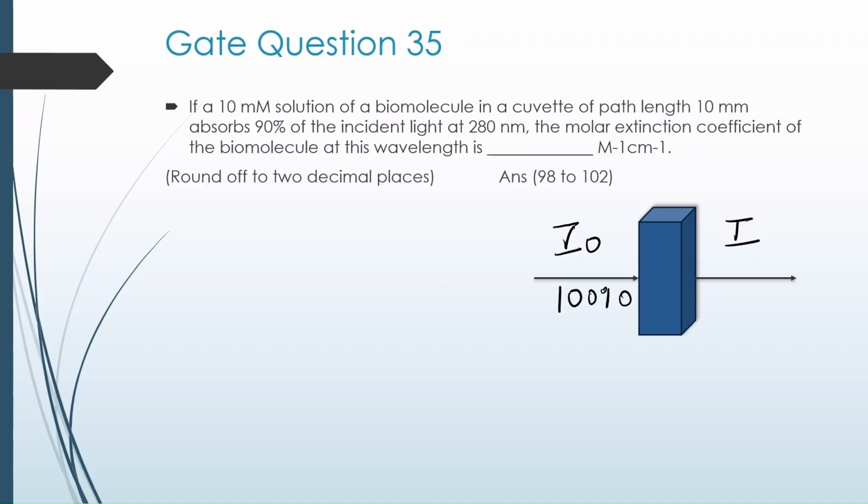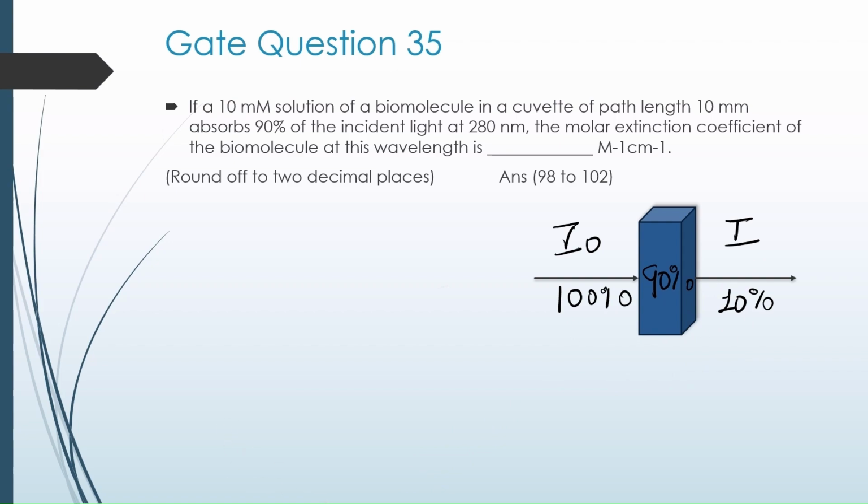So transmitted light would be 100 minus 90, that is 10%. So by using this concept we can calculate the transmittance.